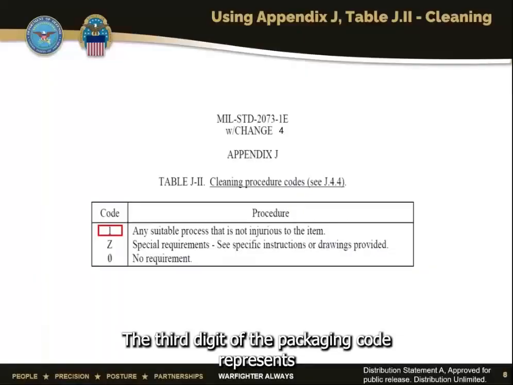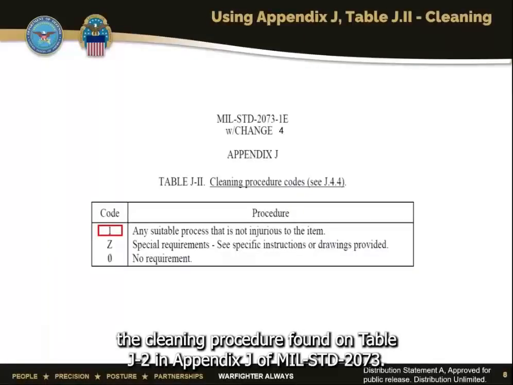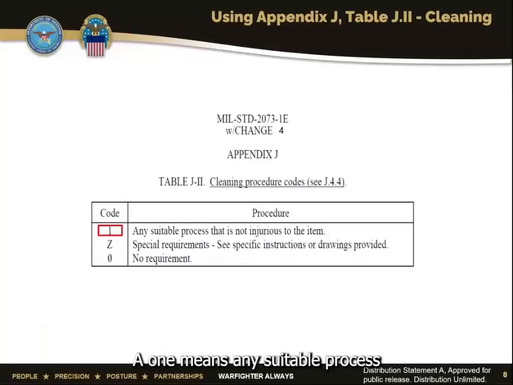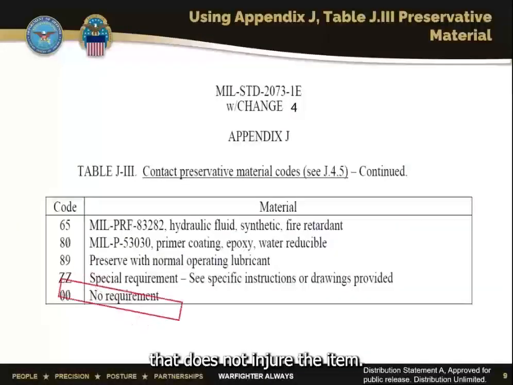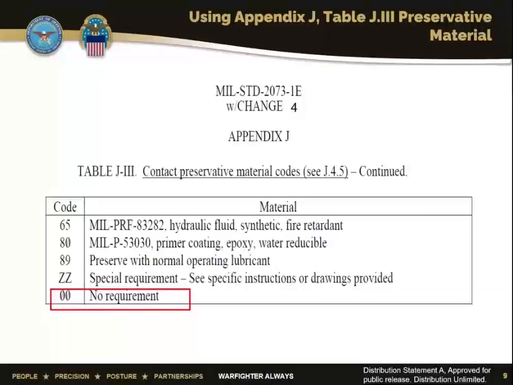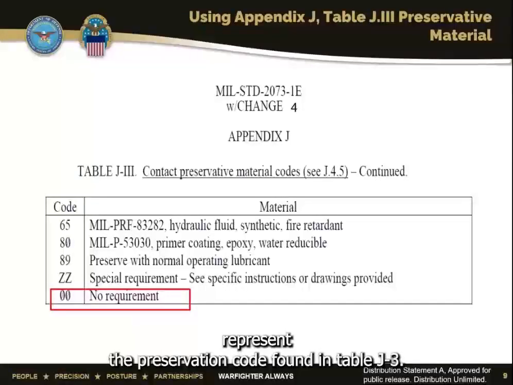The third digit of the packaging code represents the cleaning procedure found on table J2 in Appendix J of MIL Standard 2073. A 1 means any suitable process that does not injure the item. The fourth and fifth digits represent the preservation code found in table J3.